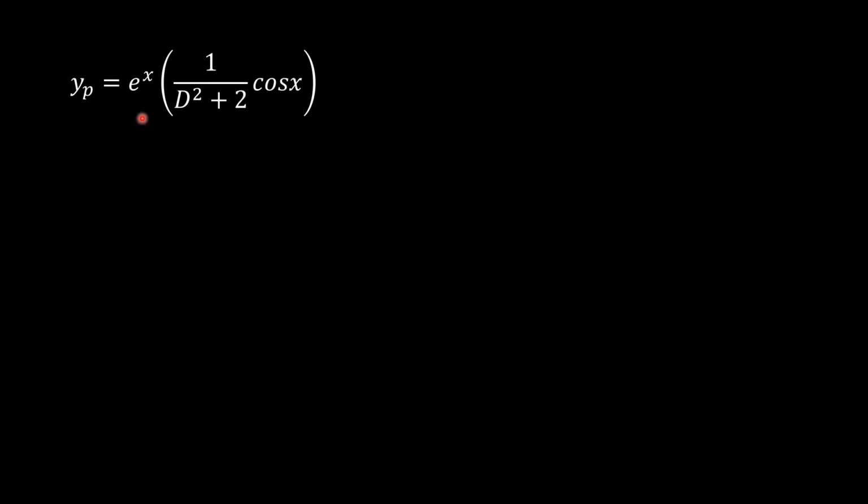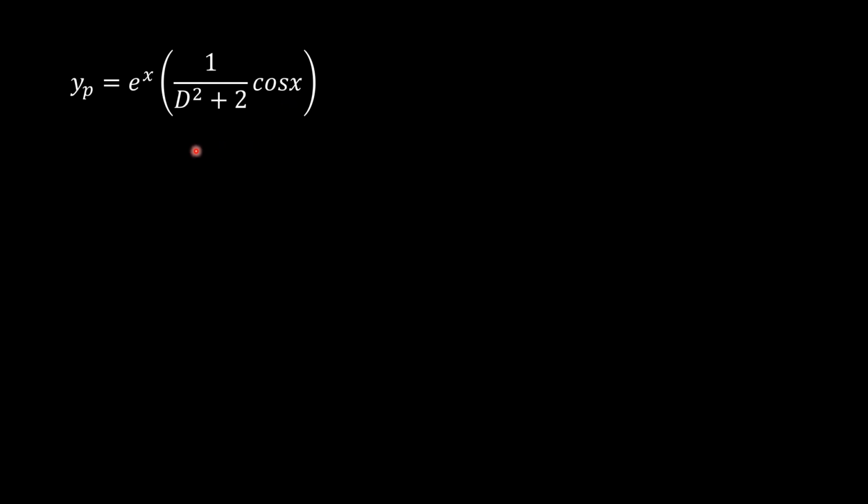yp equal to e raised to x into bracket 1 upon D square plus 2 into cos x. Now we are left with the trigonometric function only, because we have to operate this operator only on this trigonometric function, and we know how we obtain yp in the case of a trigonometric function. We replace the D square term by minus of the coefficient of x in the trigonometric function squared.